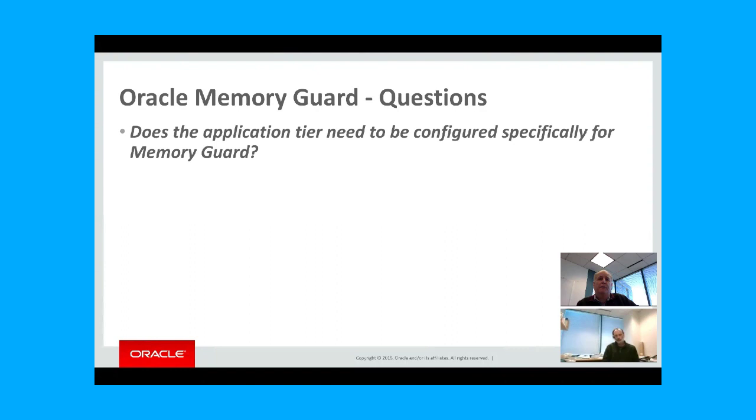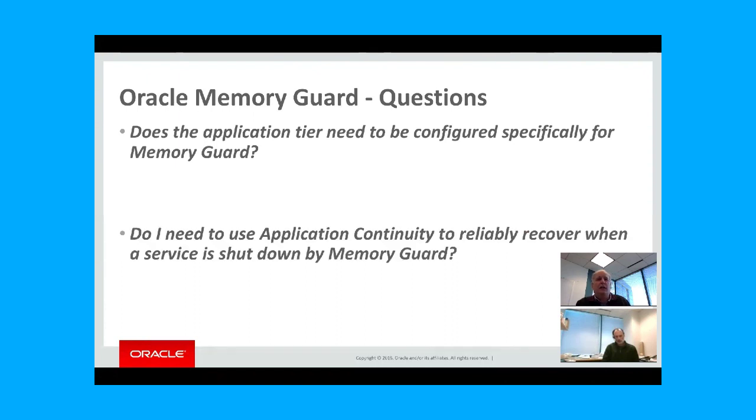I see. So we have connection robust features such as application continuity. Do we recommend using application continuity in conjunction with memory guard to make it more reliable, or is it necessary?